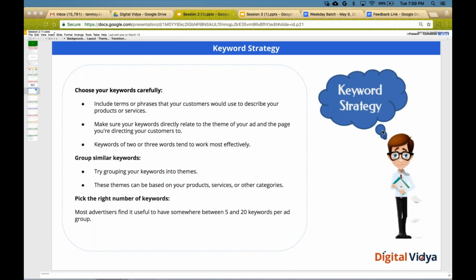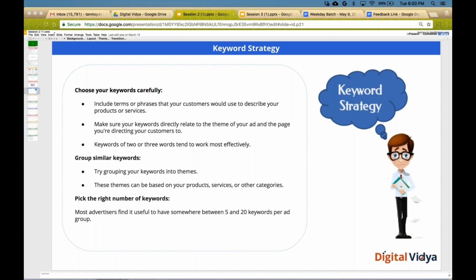We went through the keyword planner tool and saw how it can be used to add keywords to our search campaigns. We also talked about how two-word or three-word keywords are mostly the most effective ones, and that 10 to 15 keywords is a decent number to have in every campaign. That's what we discussed in the previous sessions.